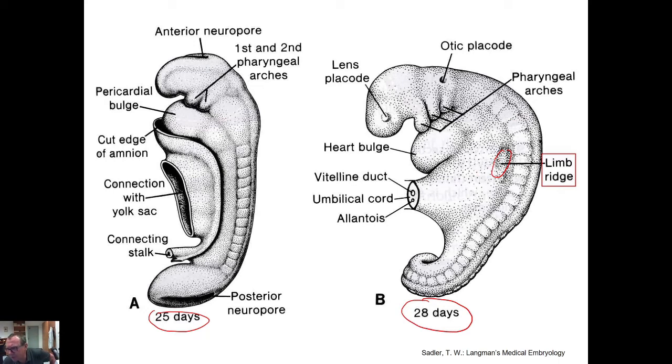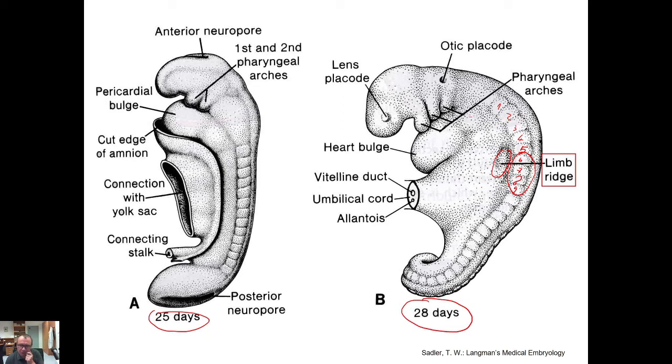These 2 limb ridges are developing at the level of the 5th, is it 1, 2, 3, 4 somites? So 5th somite, 6th somite, 7th, 8th. Let's say 9. So at this level of the cervical somites, one limb ridge is developing, and it is of course the limb ridge of future upper extremity, cranial extremity.